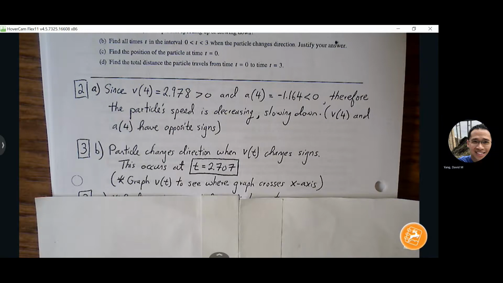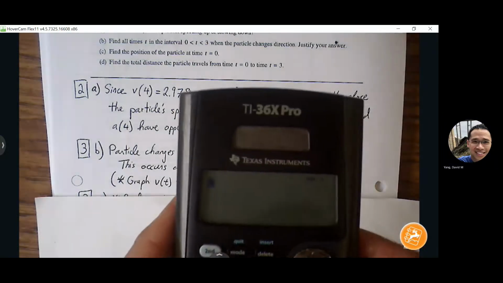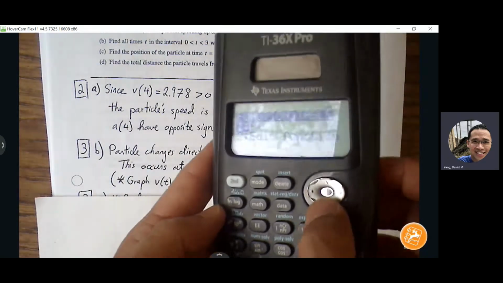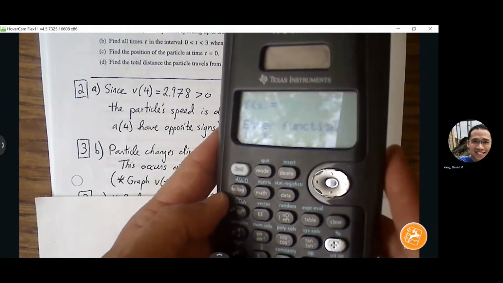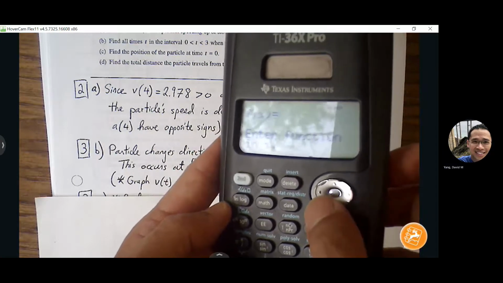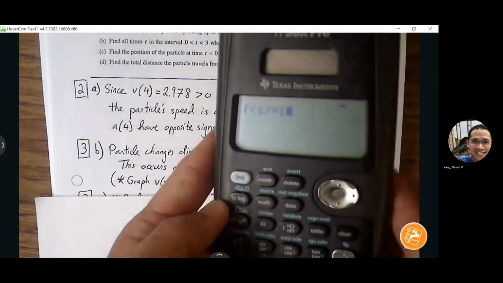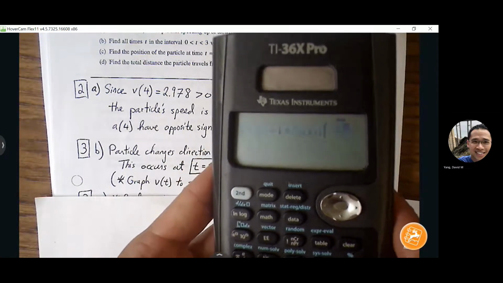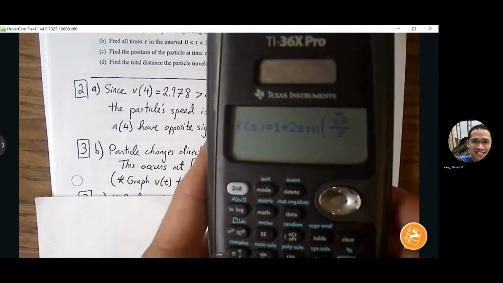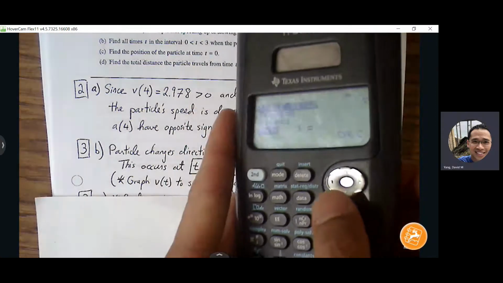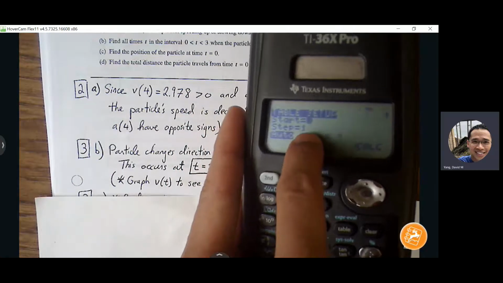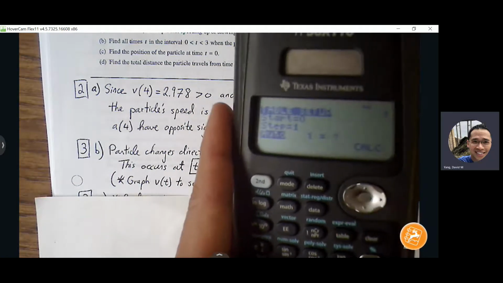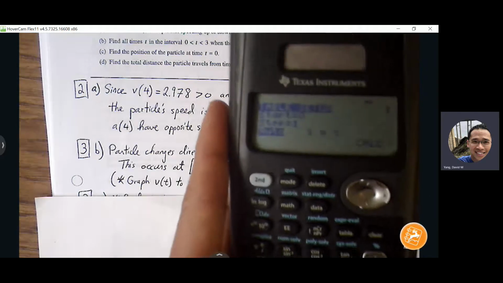Question? How do you get the table? Okay, so to get the table up on that, you're going to go to table, edit function, type in that function. Maybe you want to start at 0 and then your step, you want to tell them what the interval for your ordered pairs is.